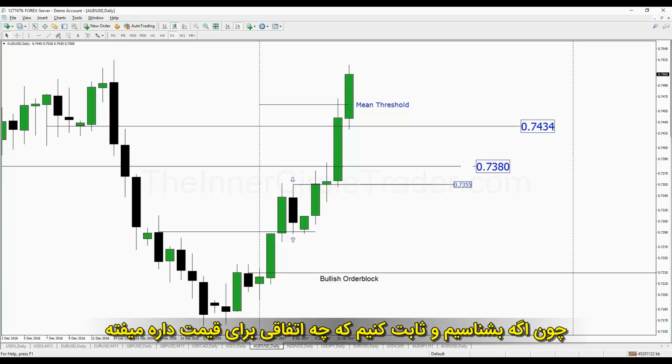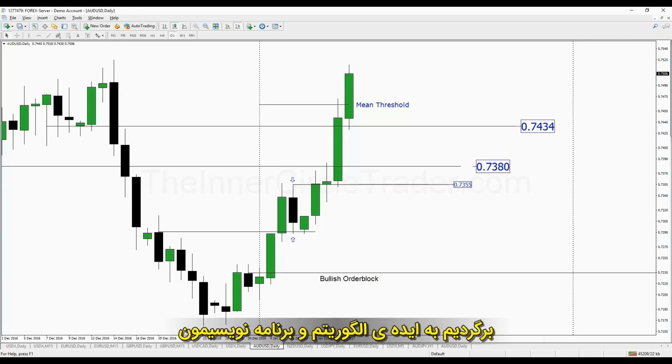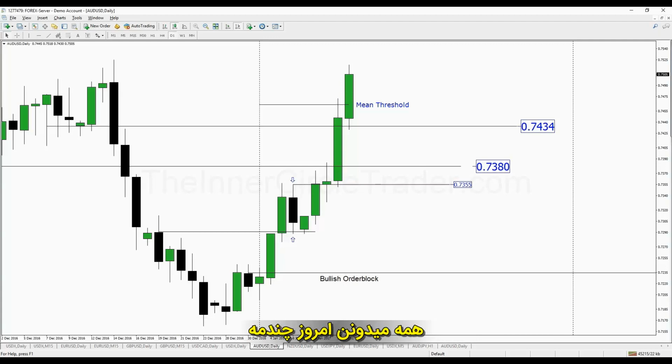Because if we can identify and prove that this is what goes on in price, that IPTA does these types of things that are repeating phenomena, going back to our algorithm idea and computer program analogy: what's today's date? Everybody knows what today's date is. It's January 12, 2017.